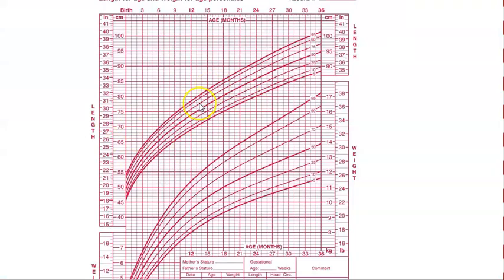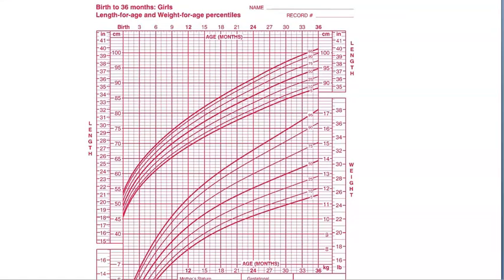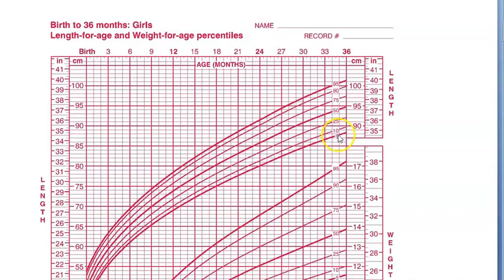So you will go to this chart and plot it and then see whether it is less than 2 standard deviations or not. So how will you know? See, they have written here 5, 10, 25, 50, 75, 90, 95.